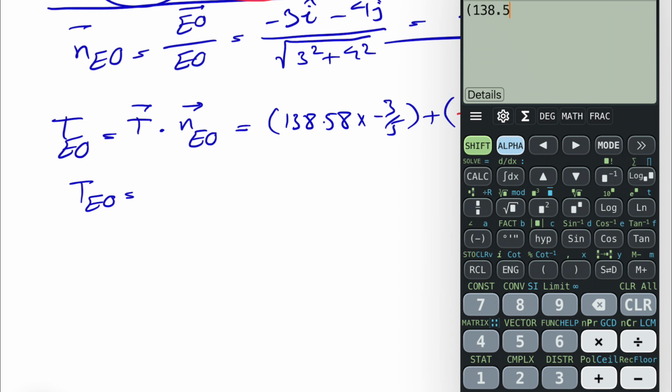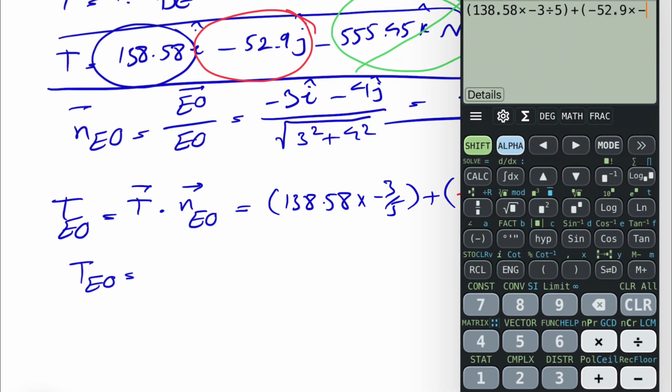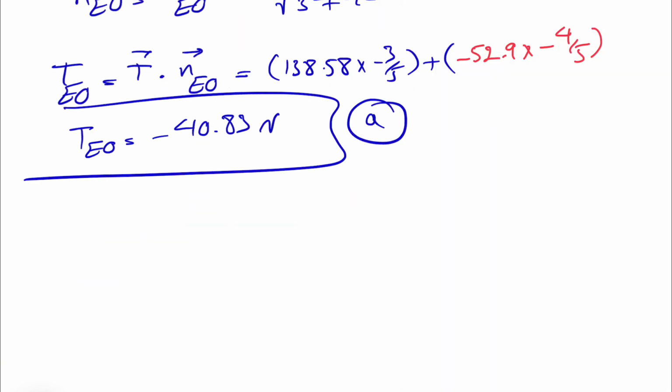So all we need to do here is to find these values. Minus 138.58 times minus 3 divided by 5 plus minus 52.9 times minus 4 divided by 5. And this is going to give us minus 40.83 newtons. So this would be the A part of the question.